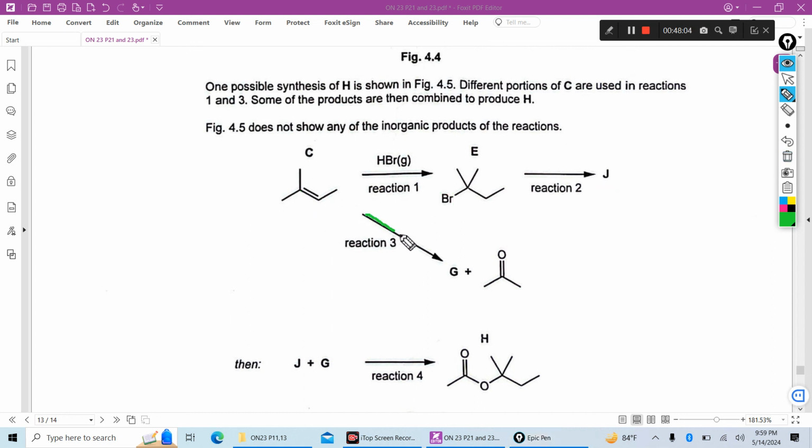Then the alkene is oxidized by hot KMnO4 to produce a ketone and a carboxylic acid. Why? Because of the breakdown here, this produces a ketone, and this carbon with hydrogen produces a carboxylic acid. With two carbons, G will be ethanoic acid.